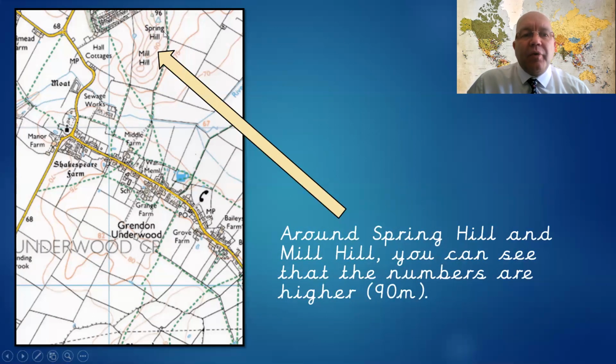And then we can gradually drop down to 75, down to 70, down to 67. And when we're actually in the village itself, we're probably around 67. This contour line here, which snakes there, is back up to 70. So through the village, it's pretty level.